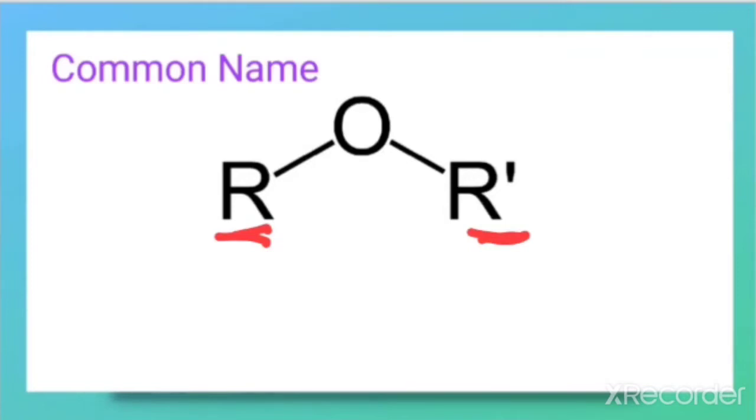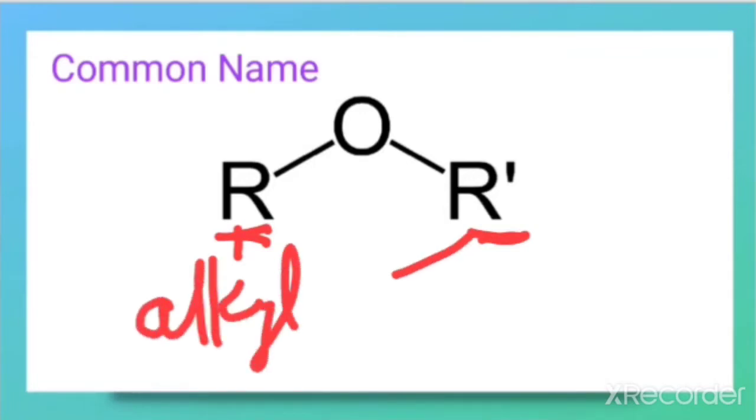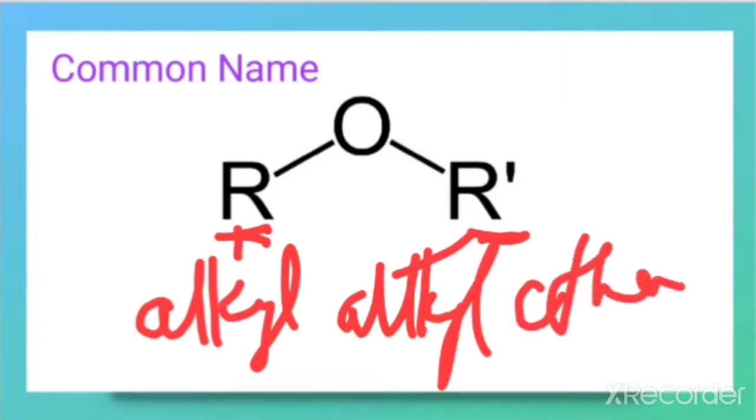That means first alkyl, then alkyl, ethers. Because the two alkyl groups are different, we have to name both and that should be in alphabetical order. Let us take one particular example, then it will be more clear.